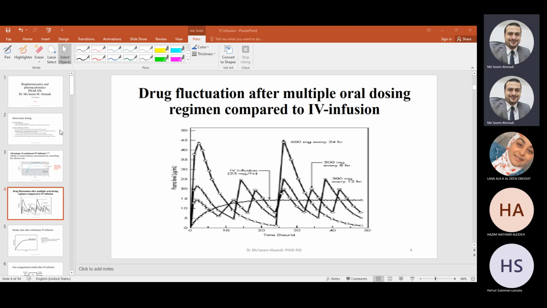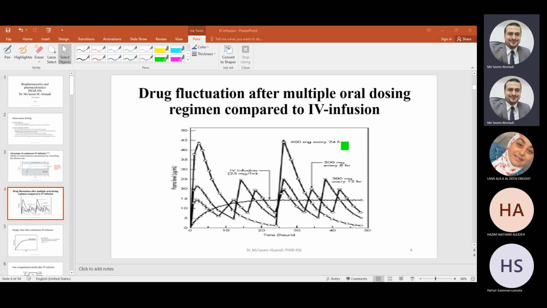What's the duration of action in this case? The duration of action will be only this, right? Is this enough? No. Rather, what I can do is give multiple IV bolus doses, and there will be what I call accumulation. The concentration will increase.